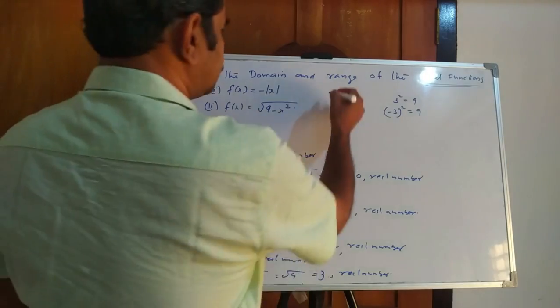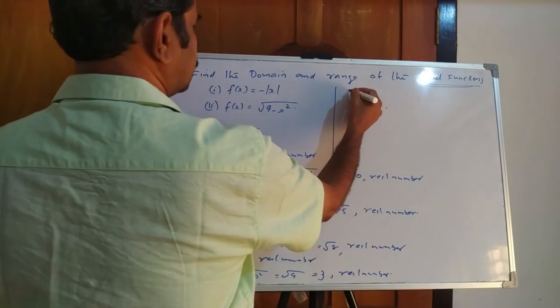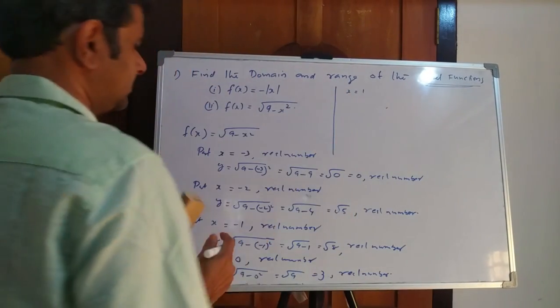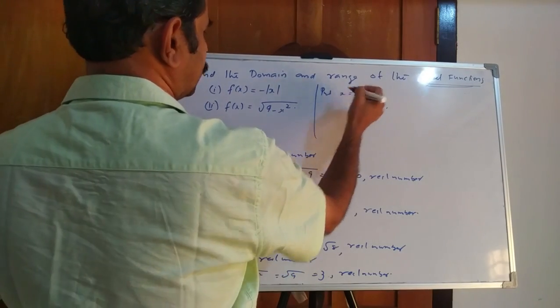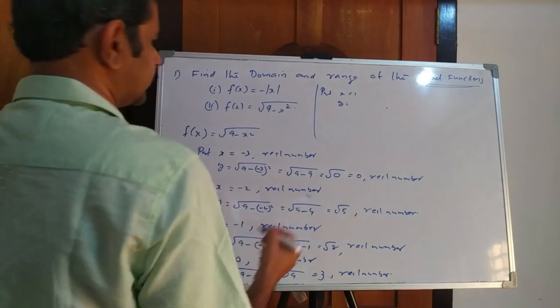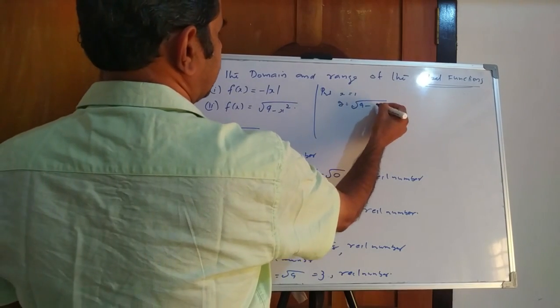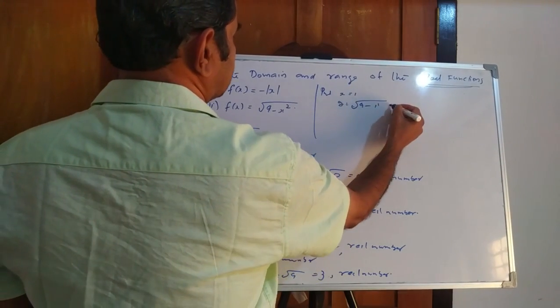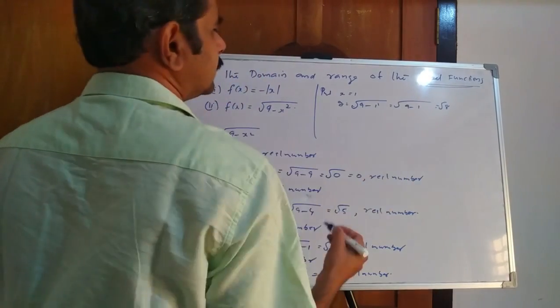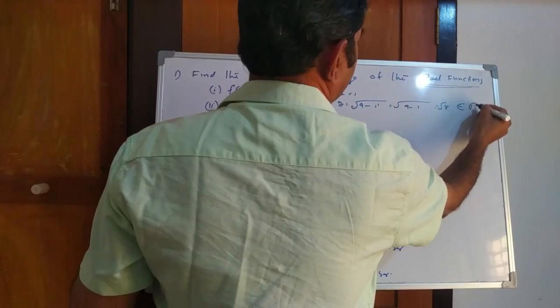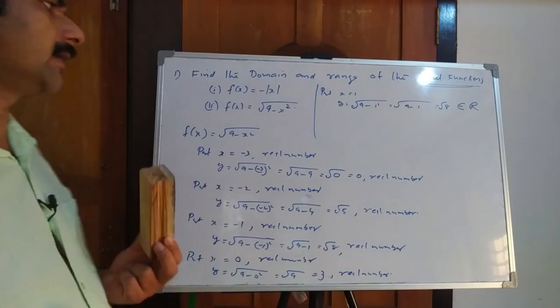Then you take x is equal to 1. Then y is equal to root of 9 minus 1 square. That is root of 8, which is a real number, belongs to the real numbers.